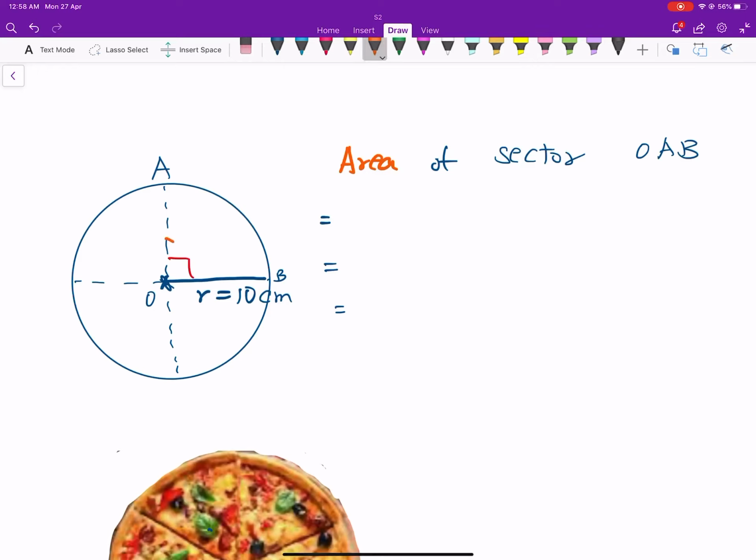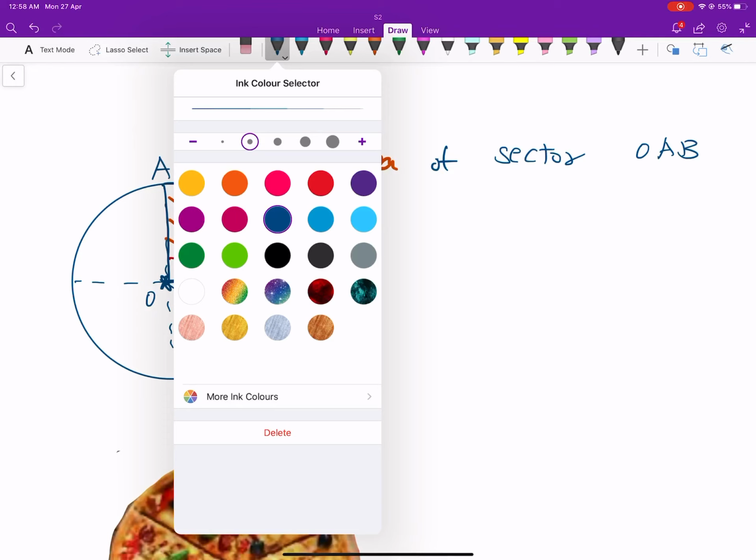That means the area of the sector shaded in the orange color, okay? This part, the orange shaded area.